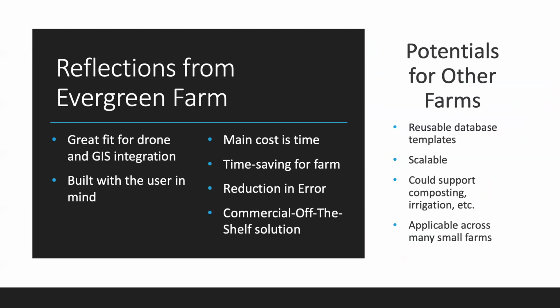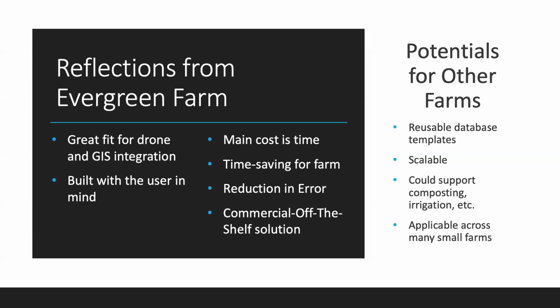So this system turned out to be a great fit for Evergreen's organic farm. It solved a real problem that they were having. And more than that, it was built with the user in mind, from the workflow apps all the way out to the dashboard. And the main cost of this system was my time. But since it was at Evergreen, we already have a GIS certificate and a drone certificate, so the tools, the experience, and the people were already there.